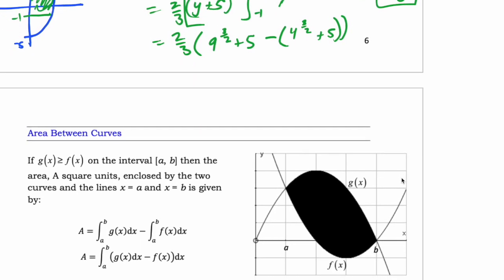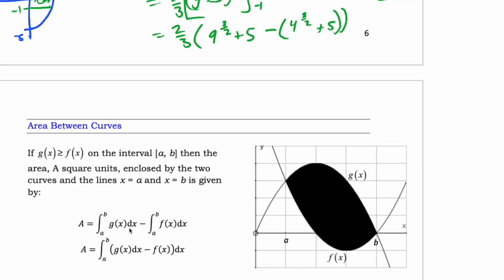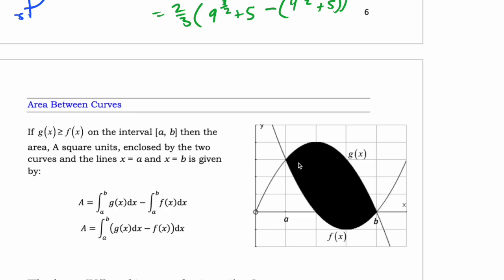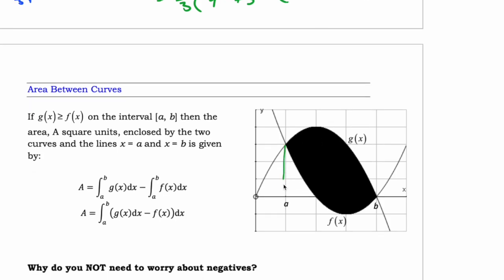Okay, next, between two curves, we can simply subtract the two areas, okay? So like over here, if you want to get this black area, you can get the area underneath g of x, and then subtract the area under f of x, and you get this black area, right? It's just like normal subtracting when you have overlapping areas, right?